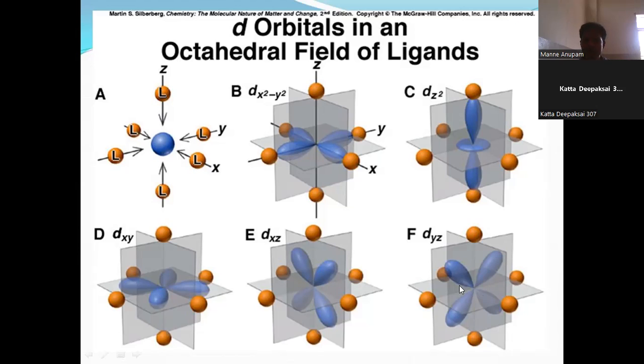Here dyz is present in between the axis, not much influenced by the ligand. So these two are more influenced, and these are less influenced. Directly on the axis of the ligands, more repulsion. In between the axis of the ligands, less repulsion.